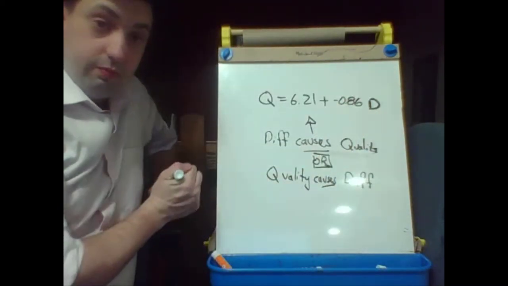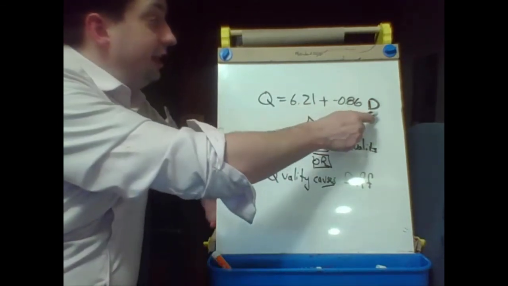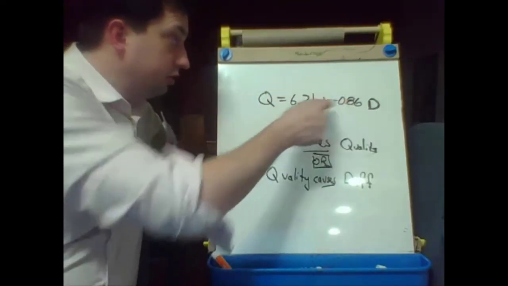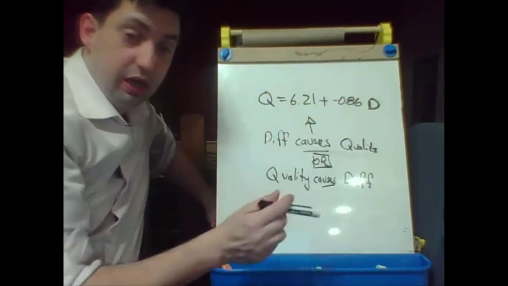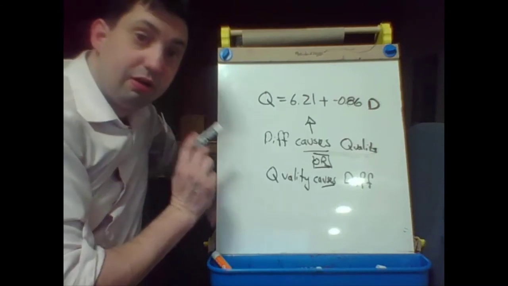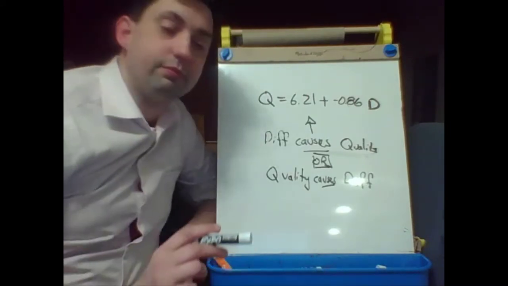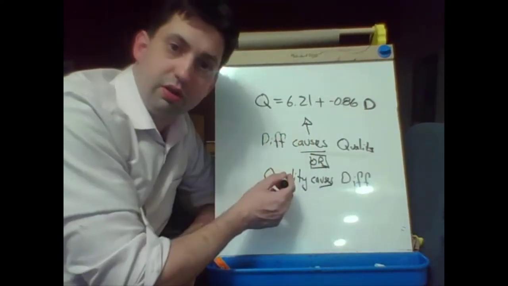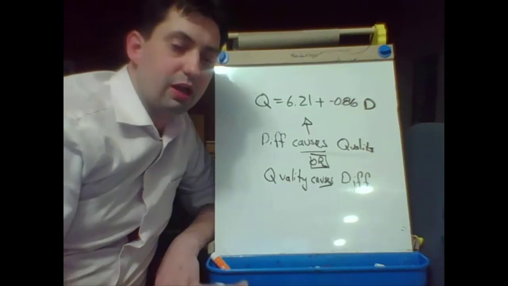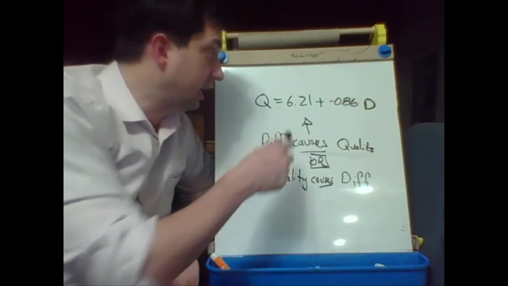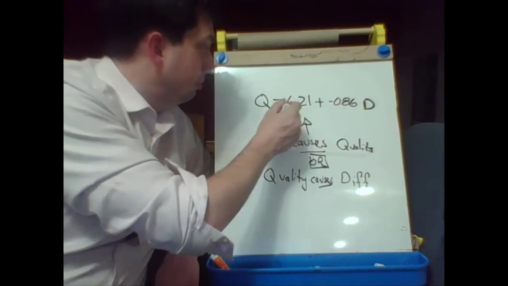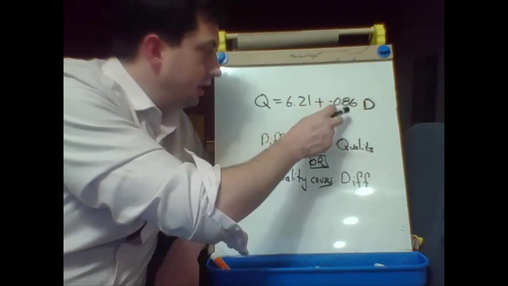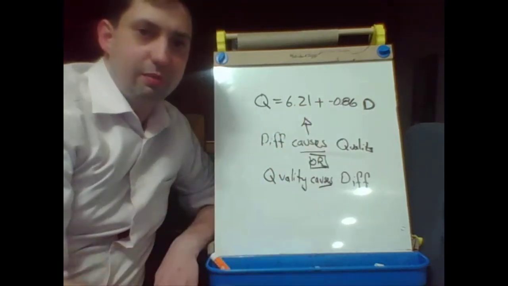Now, if we're going to instead say quality causes difficulty, if we're going to flip it around, it seems like it's just a matter of algebra to go from this one to this one. And so it's tempting to think, well, I don't need to rerun the regression. I can just isolate D and do a little math. Subtract 6.21 from both sides, and then divide each side by negative 0.86, and then be done.